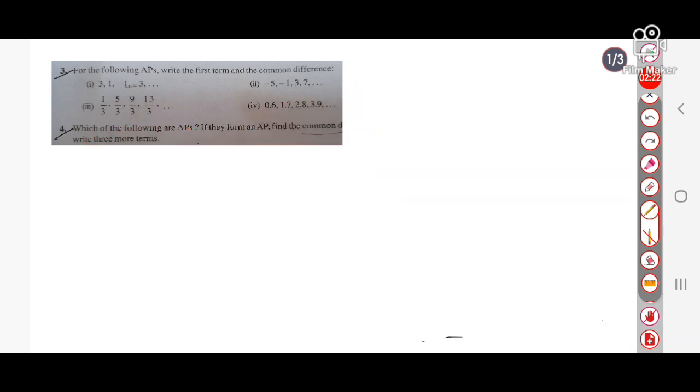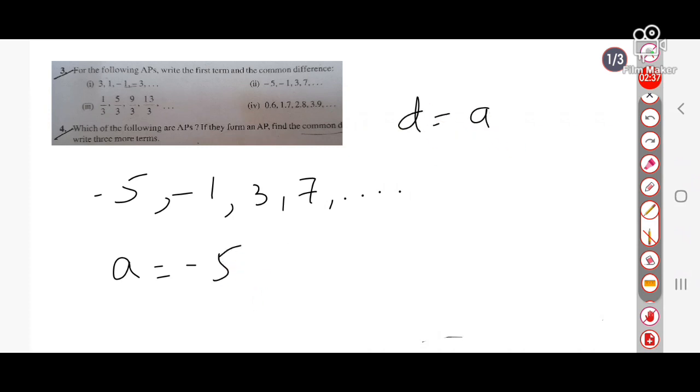The second subdivision, again -5, -1, 3, 7, and it goes on. So again A will be the first term, that is -5. D will be A2 minus A1, that is equal to A3 minus A2, that is equal to A4 minus A3, and it goes on.